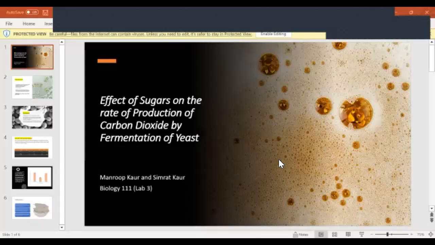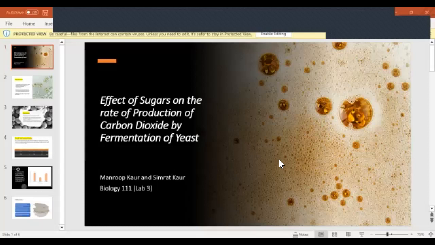The topic of our research is the effects of sugars on the rate of production of carbon dioxide by fermentation of yeast. Before telling about the research, I just want to go over the introduction. We are all familiar that yeast are single-celled organisms. The species is also known as Saccharomyces cerevisiae, which is also called baker's or brewer's yeast.